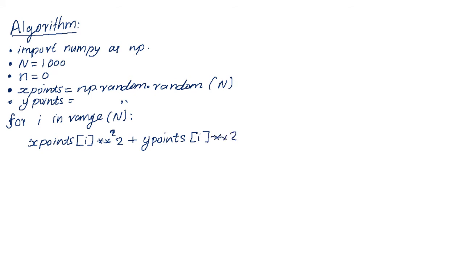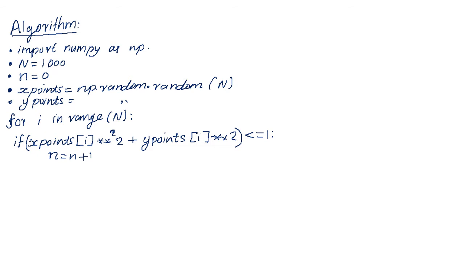And if this quantity is less than or equal to 1, we just increment n by n plus 1. So this is the only step. Fine. So please note that this if statement is within this loop. Once the loop is over, our n is calculated.